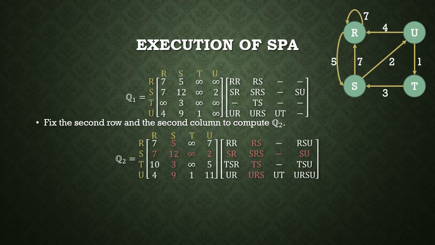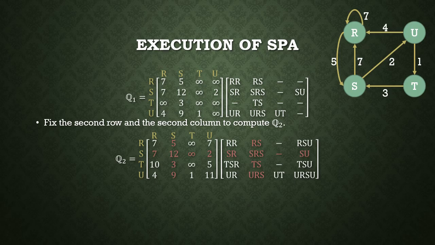Come to the UU entry. Here the intersection values are 9 and 2, which will give 11. The old value is infinity, so we select 11 because it is smaller.